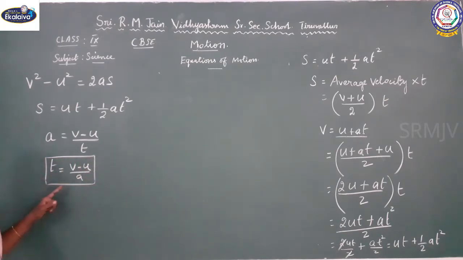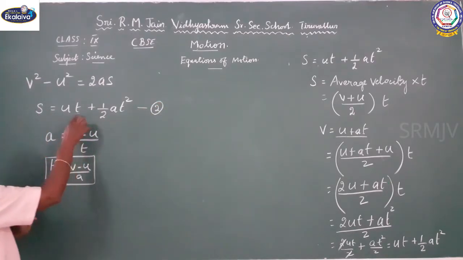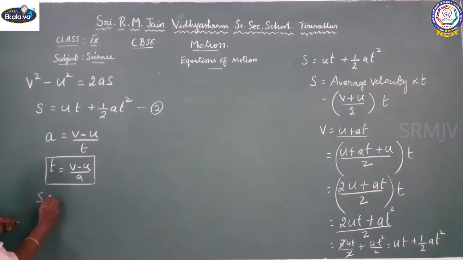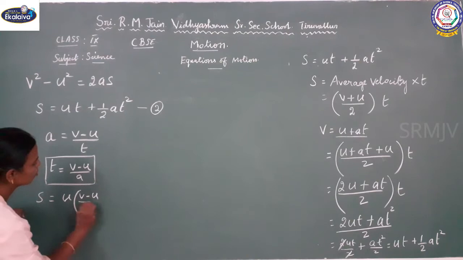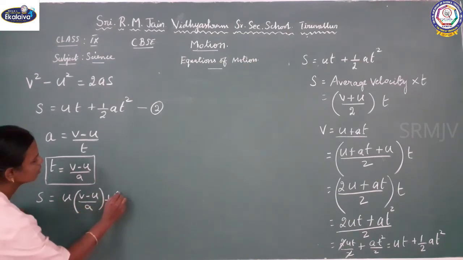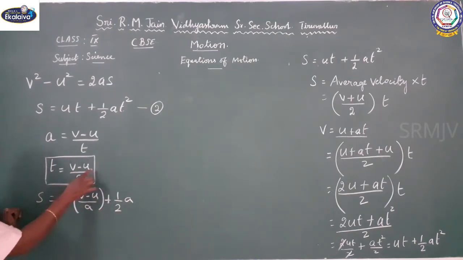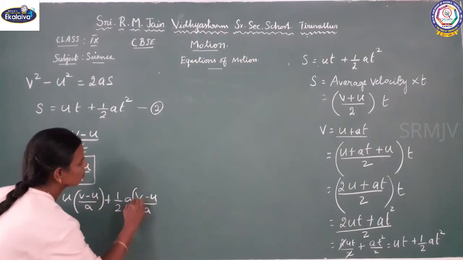Now substitute this t value in the second equation. Then we can proceed. s is equal to u into v minus u by a plus half a t squared, where t is v minus u by a, squared.